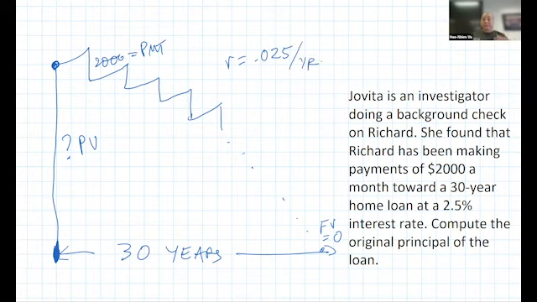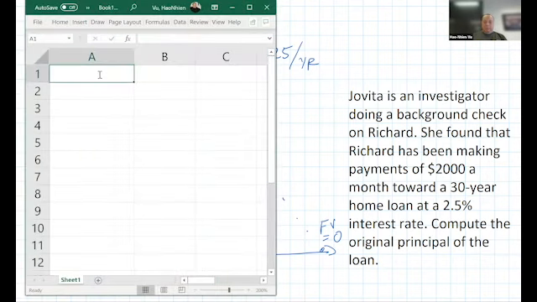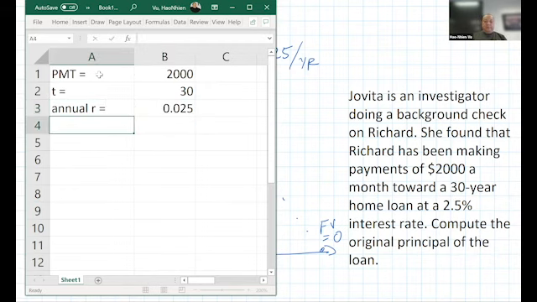Since we're looking for present value, our guess is that the function is going to be the PV function. We know that PMT is equal to 2,000. We know the time is 30 years. And we know the annual rate is 0.025.